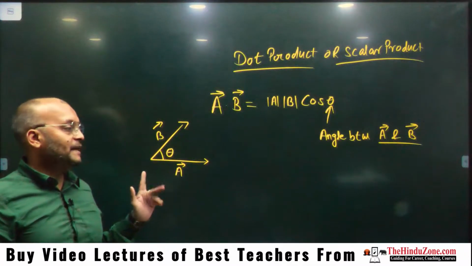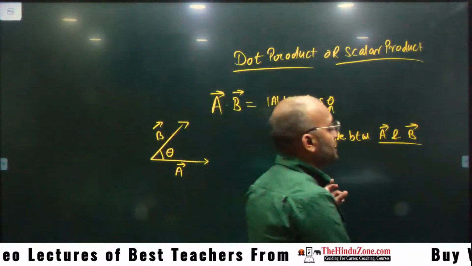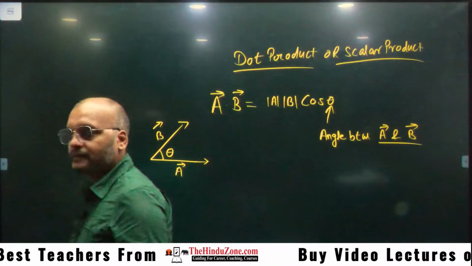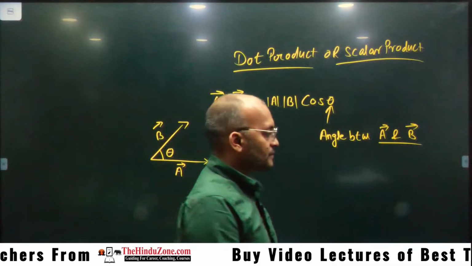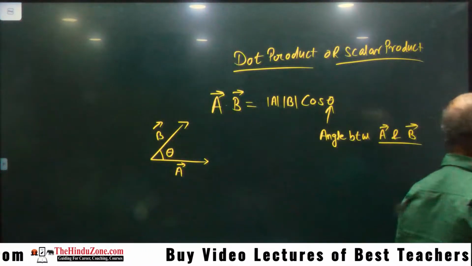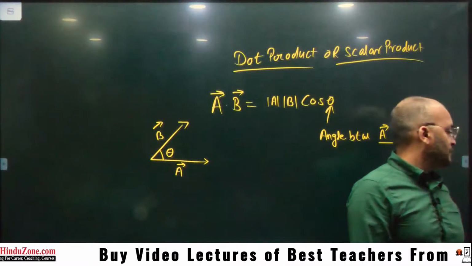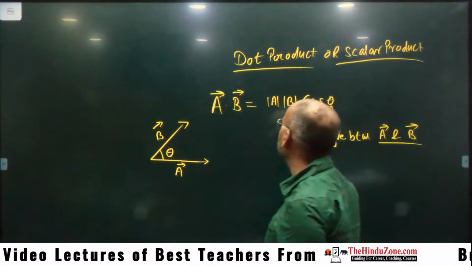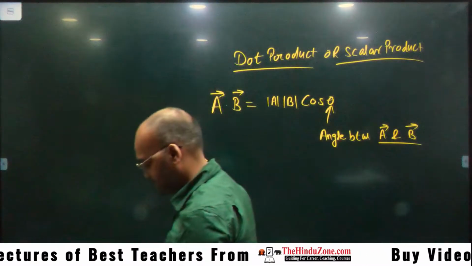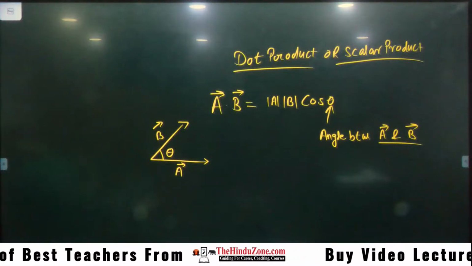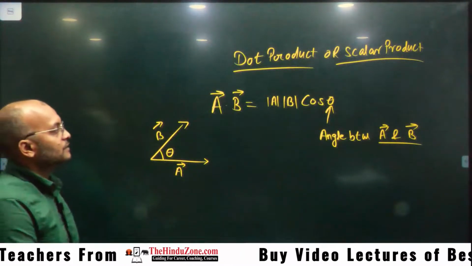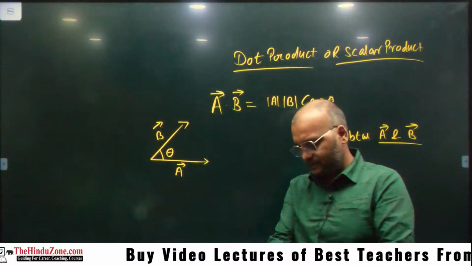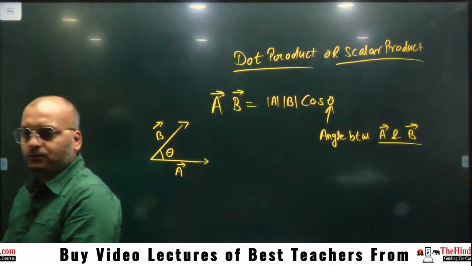Who will tell me? What is the meaning of dot product? Analytical view, what is the meaning of it? What is the meaning of this AB cos theta? Speak fast. Who will tell?